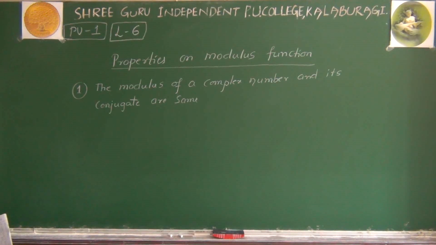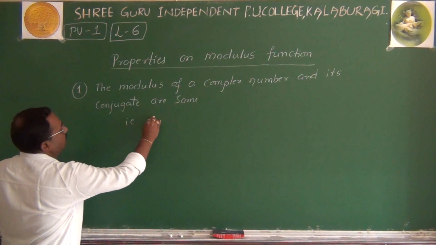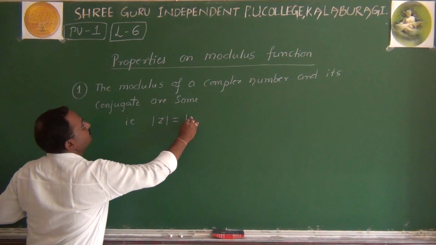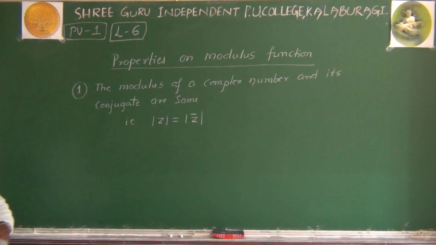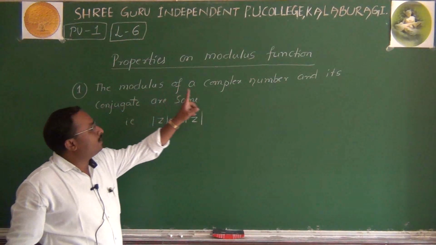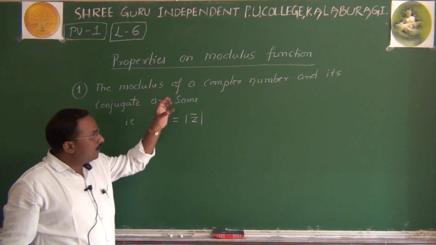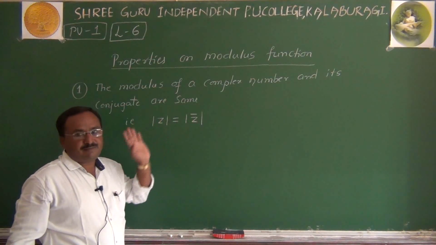The modulus of a complex number and its conjugate are same. That is, the modulus of a complex number and the modulus of its conjugate are equal.